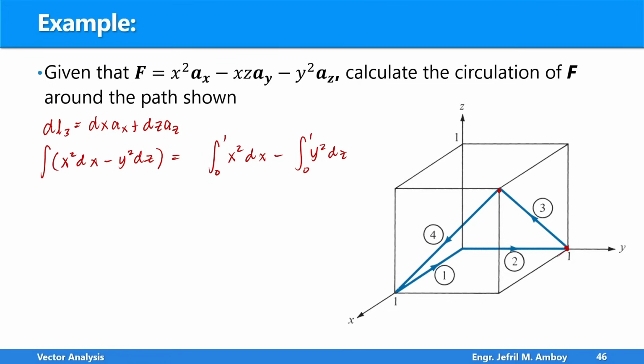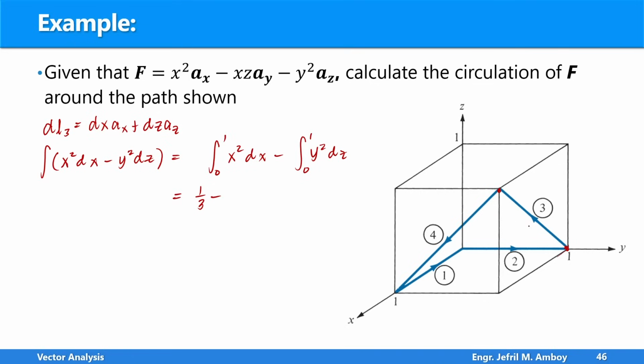So from 0 to 1. We can now integrate. Evaluating the first integral, we get x cubed over 3. If we evaluate that from 0 to 1, we get positive 1/3, and then minus. In the second integral, our variable is z. However, here we have y.